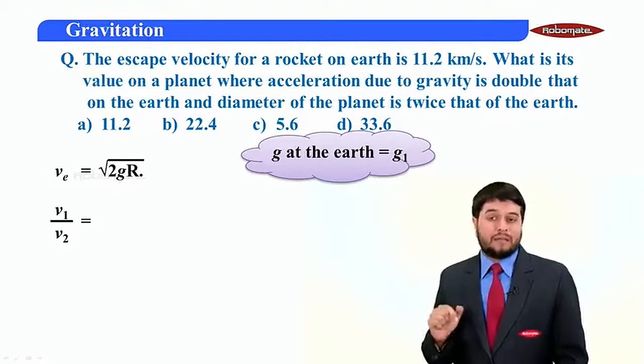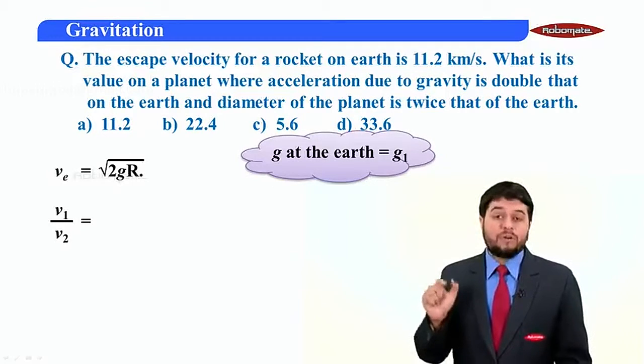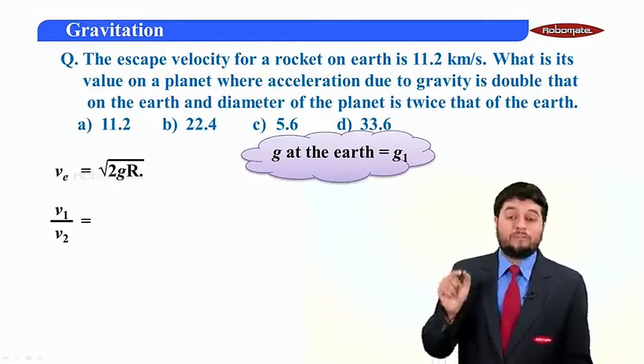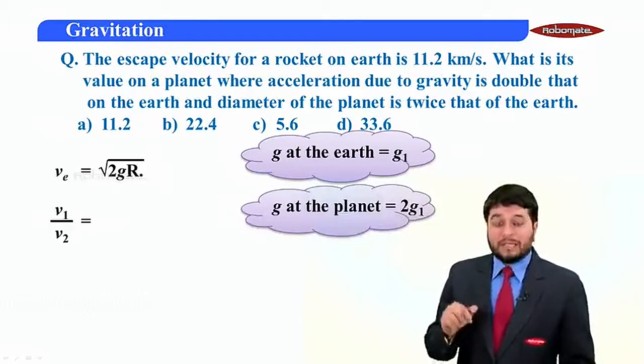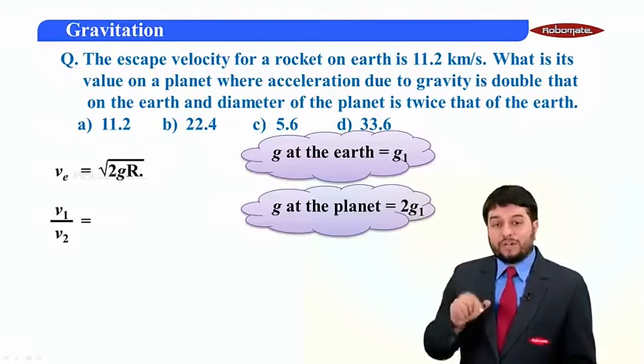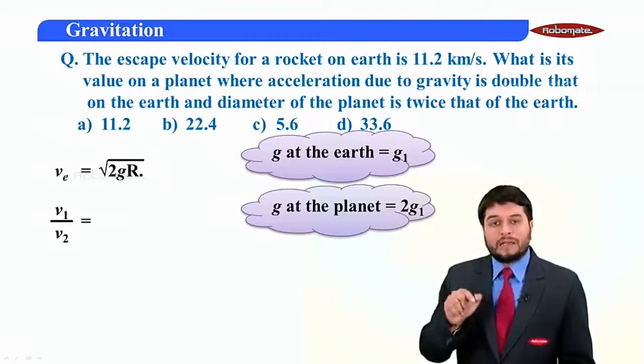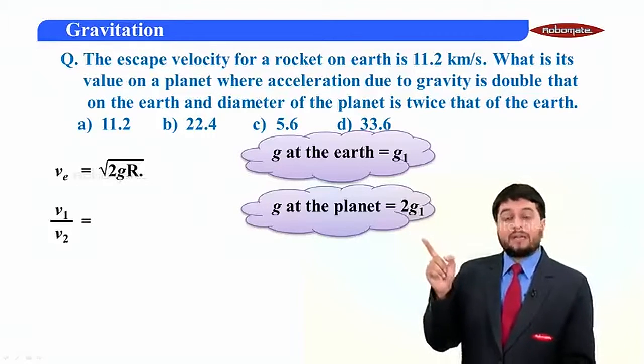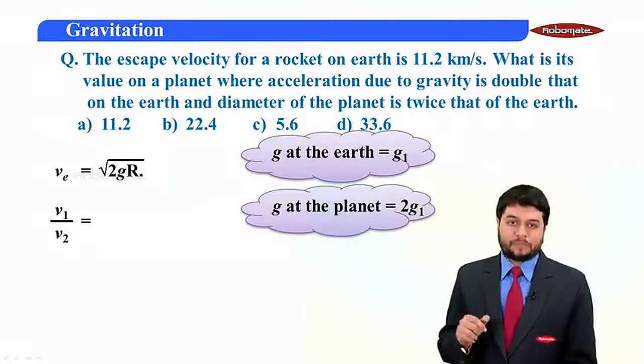Now on the other side, when I take the ratio of square root of 2gr, let us assume the acceleration due to gravity of planet Earth be g1 and that of the other planet be g2. For the other planet, the acceleration due to gravity is double that of Earth, so I can write 2 times g1.